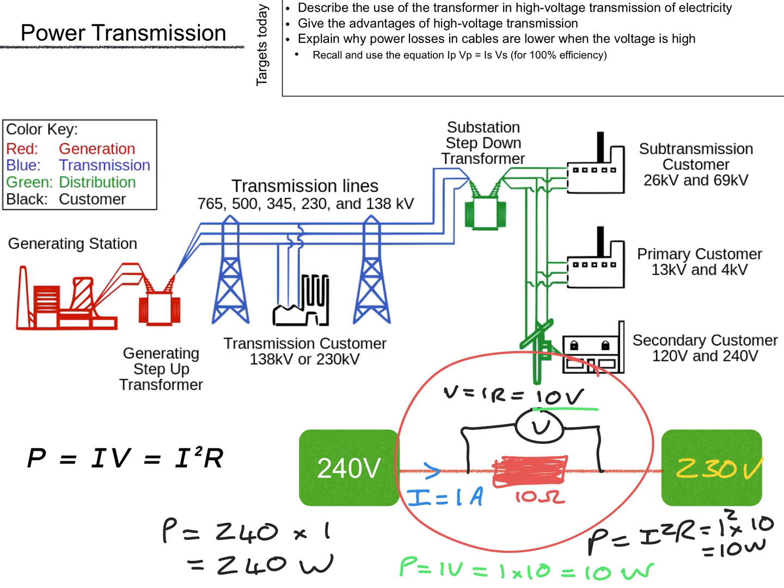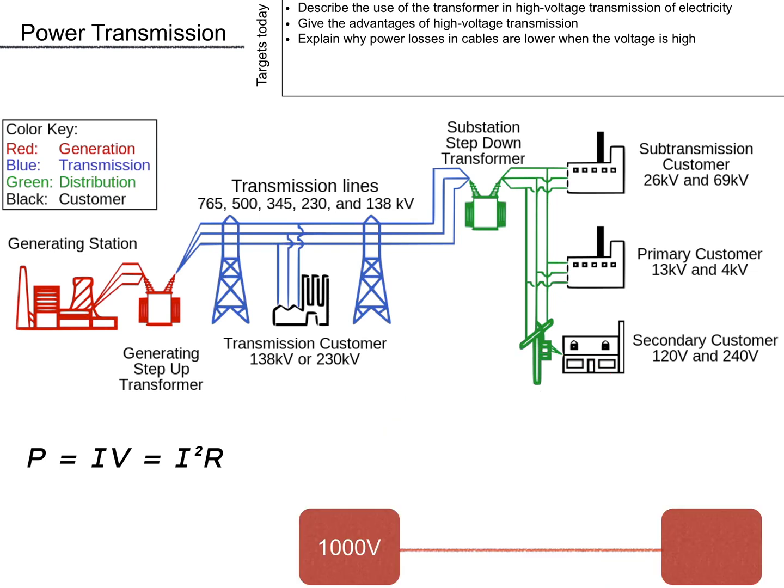Now, let's complete this by looking at the other circuit. So we've got 1000 volts over on this side. I still want to have my 10 ohm resistor in here. And I'm going to have a current flowing, but it's not going to be the 1 amp, because remember, we've got power equals 240 watts.